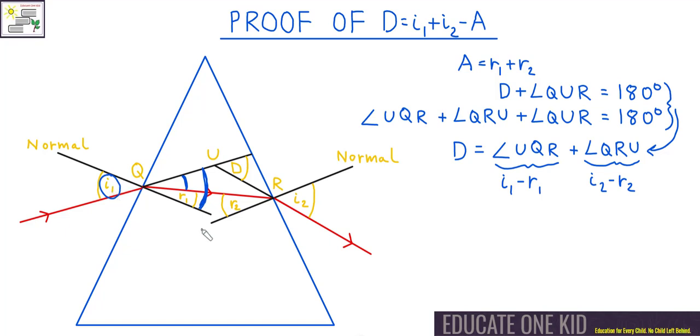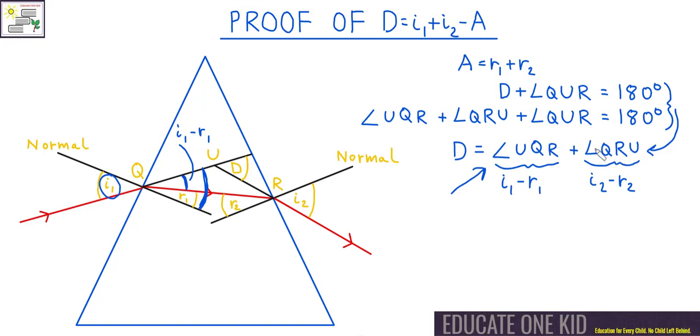And if that whole angle is equal to I1, and this is R1 here, then this angle here must be I1 minus R1. That's all we're saying here.